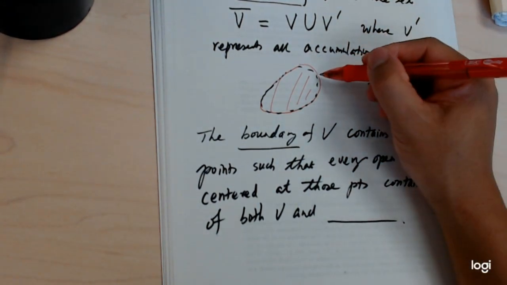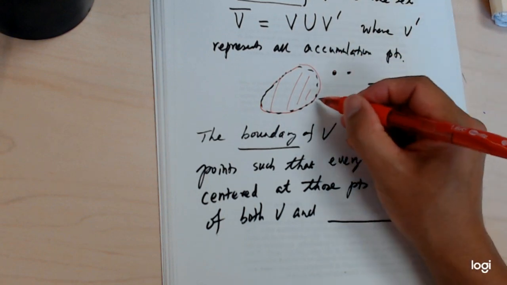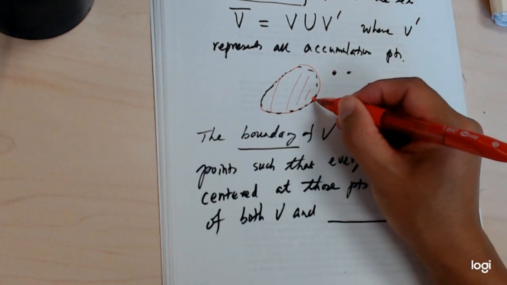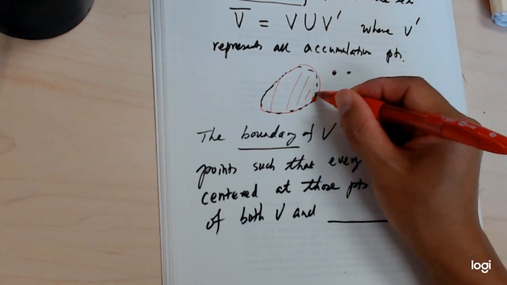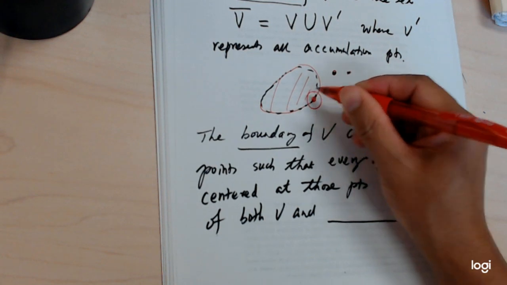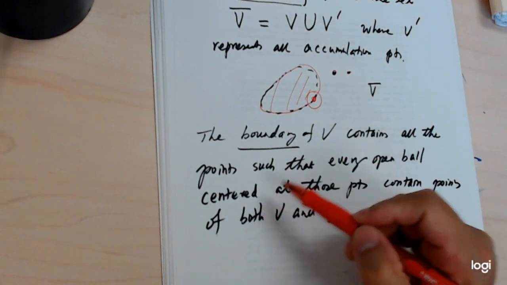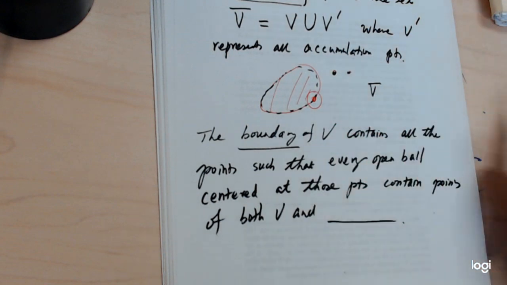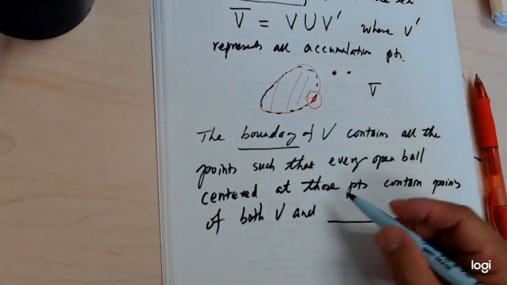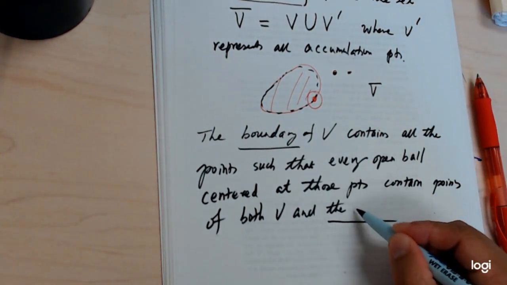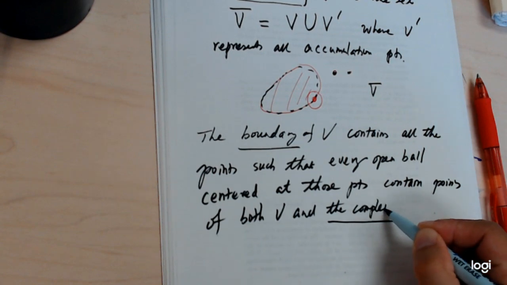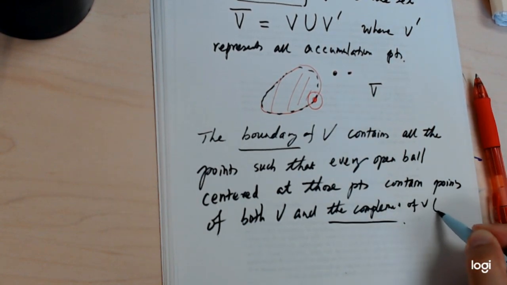You see that obviously is the boundary here. So you pick a point on the boundary. The open ball will contain both points from V and also its complement, the complement of V, which is denoted by V C, okay?